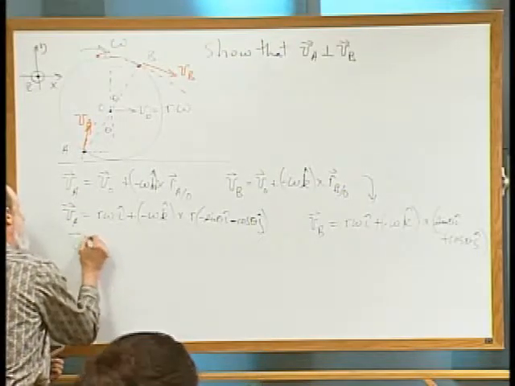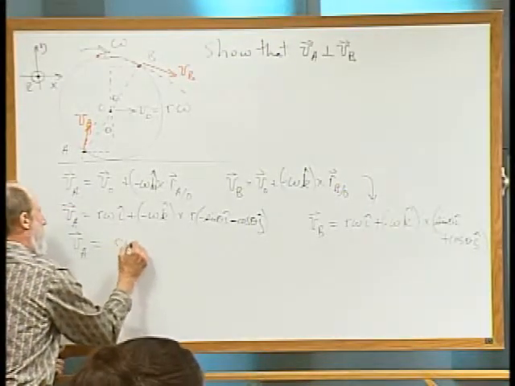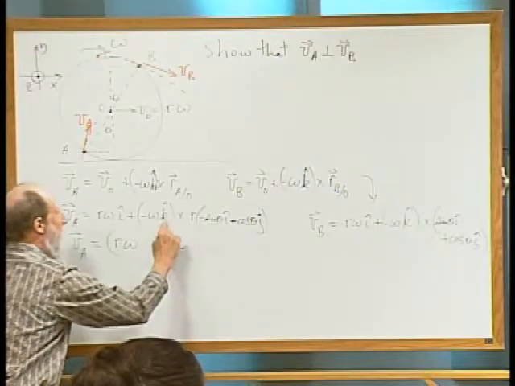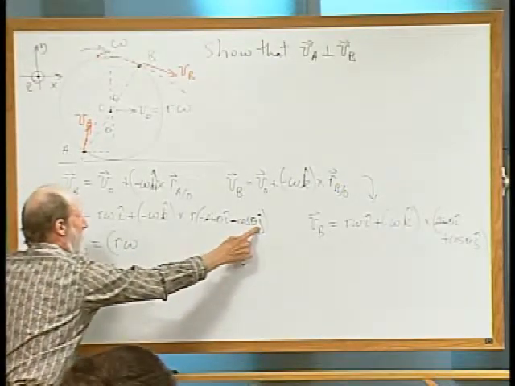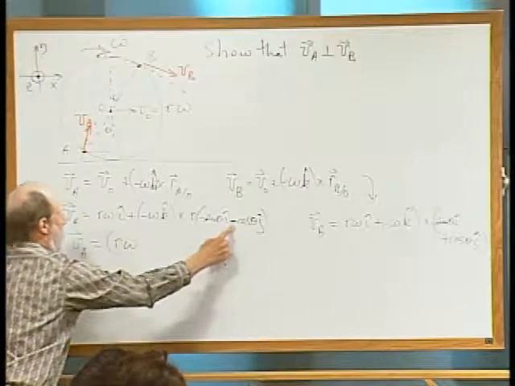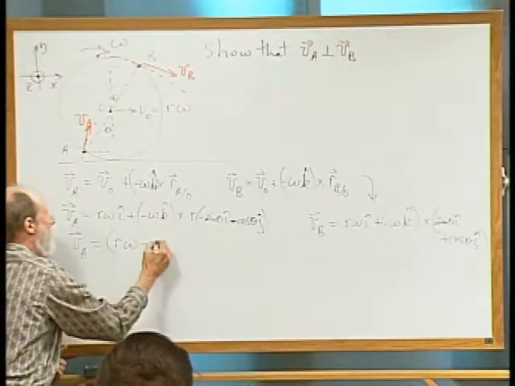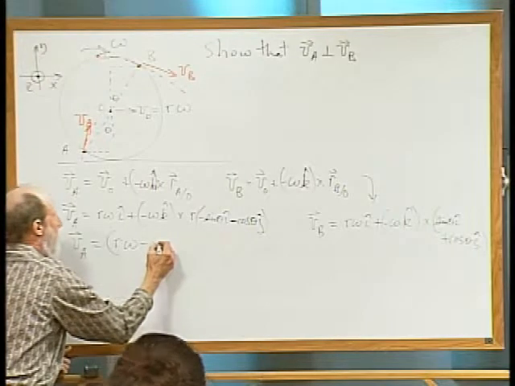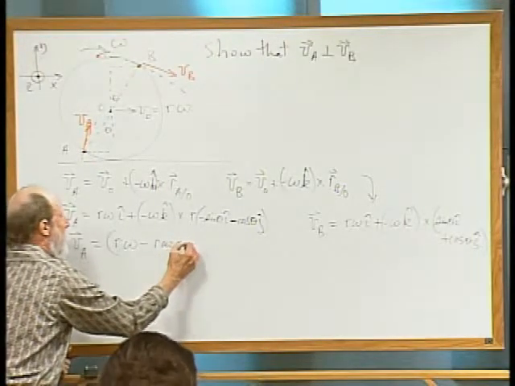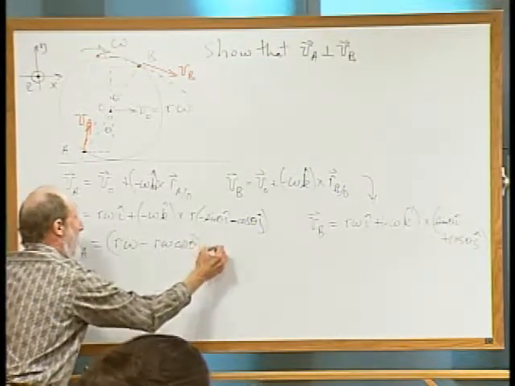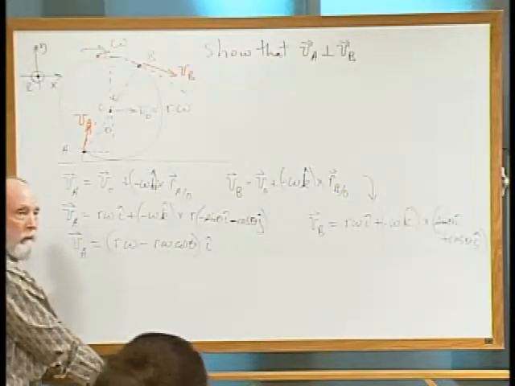So the velocity of A is going to have an r omega term in it, and then k cross j is negative i times a negative times a negative. Three negatives keep it negative, so it's minus r omega cosine theta, and that's the collection of our i terms.